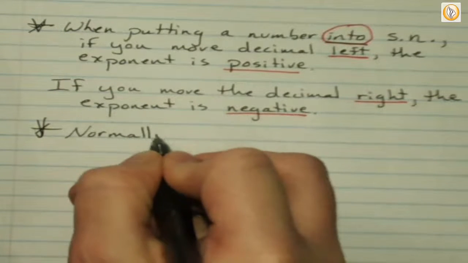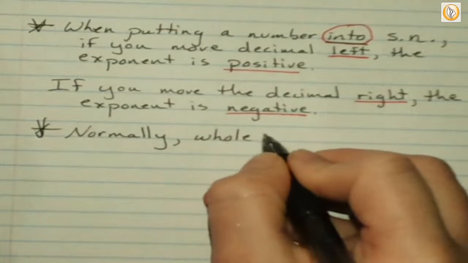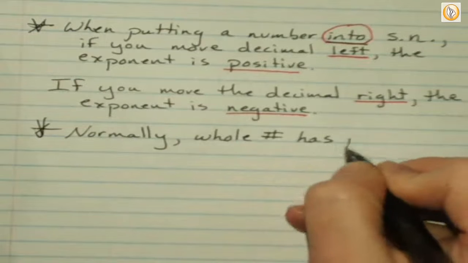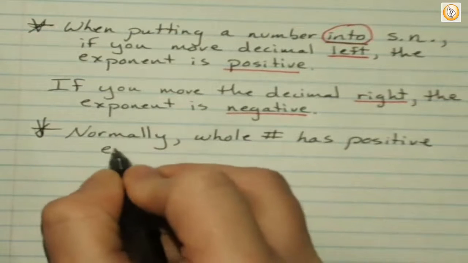Normally, whole number has positive exponent.